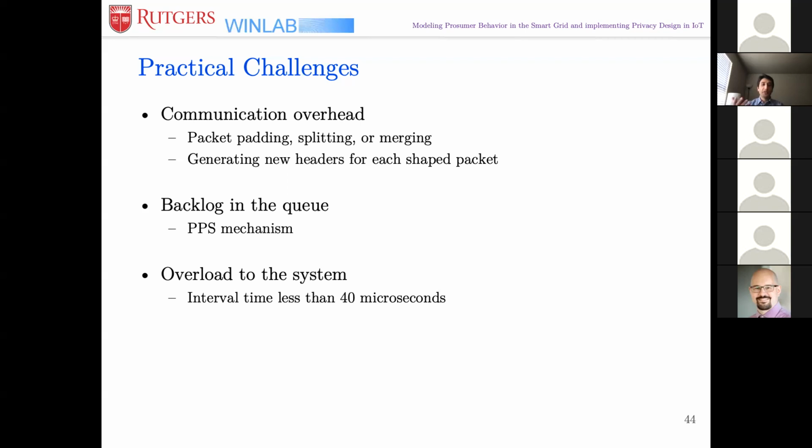Based on the definition of the PPS mechanism, the shaper sends a packet only when it receives a packet. So some packets may remain in the gateway's buffer, and the number of packets remaining in the buffer depended on output and input packet sizes and the corresponding PMFs.